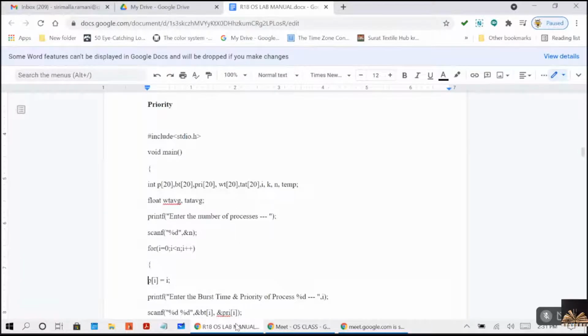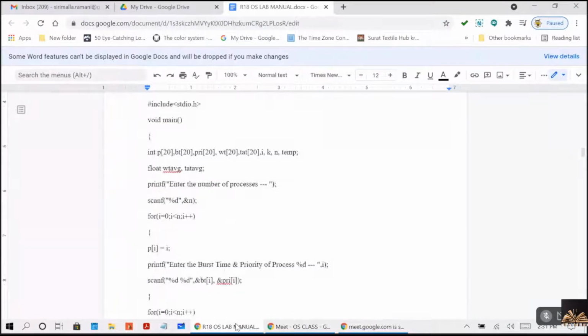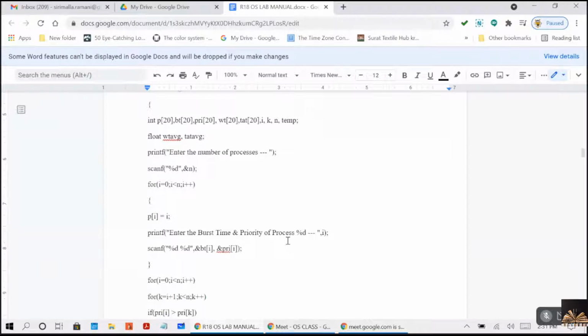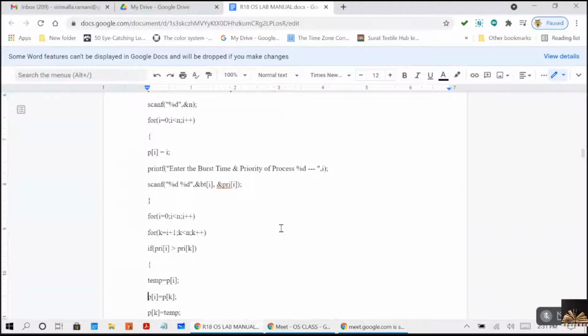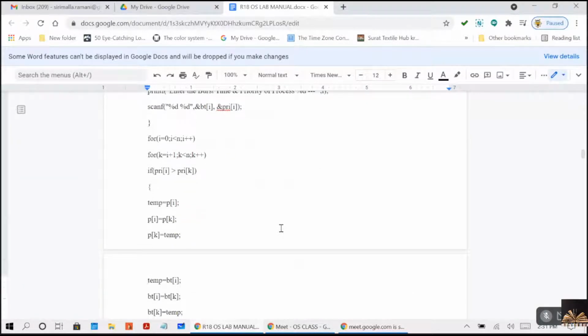Right, so this is priority scheduling. The first part is the same. It asks you to enter the number of jobs, the burst time and the priority. Along with the burst time, you are supposed to enter the priority. In the code you wrote for SJF, you considered the burst times, but here you consider the priority.